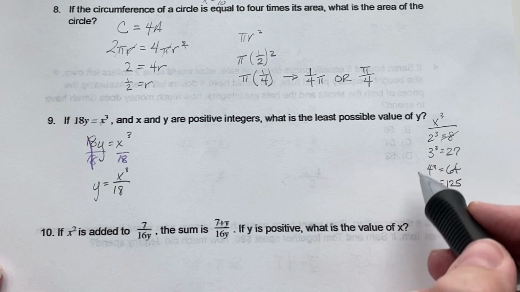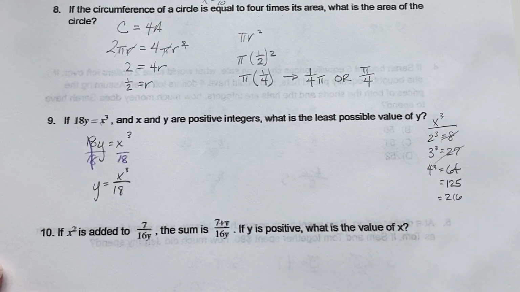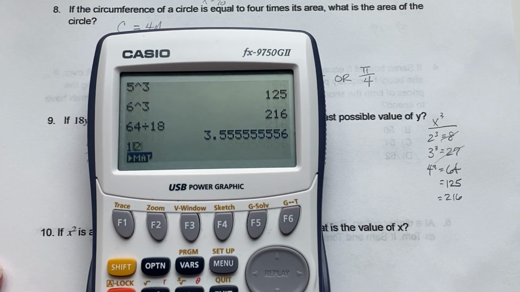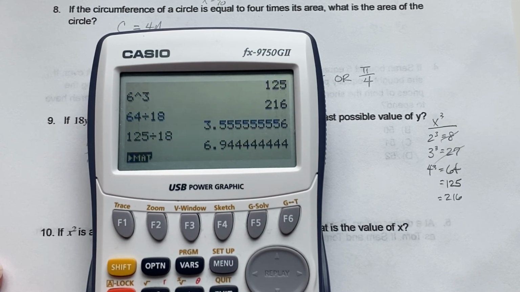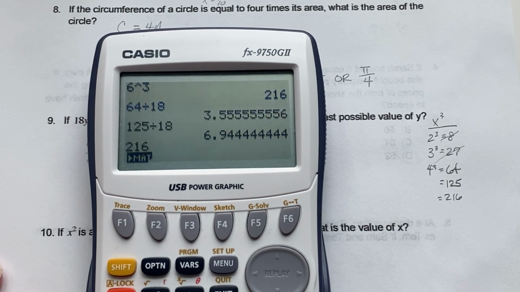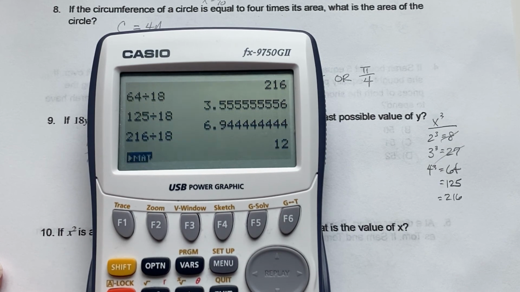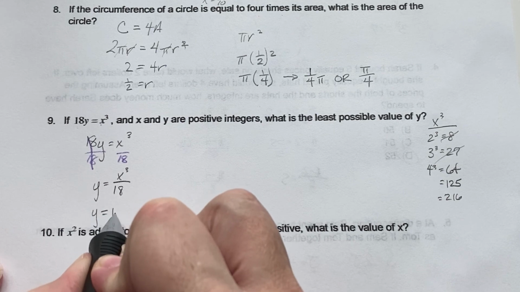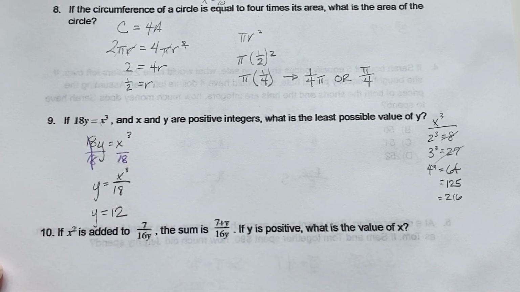Well, definitely not that one. Definitely not that one. So let's try 64 divided by 18. Nope. And we get 125 divided by 18. Nope. 216 divided by 18. Yes. All right. So y is going to be equal to 12.